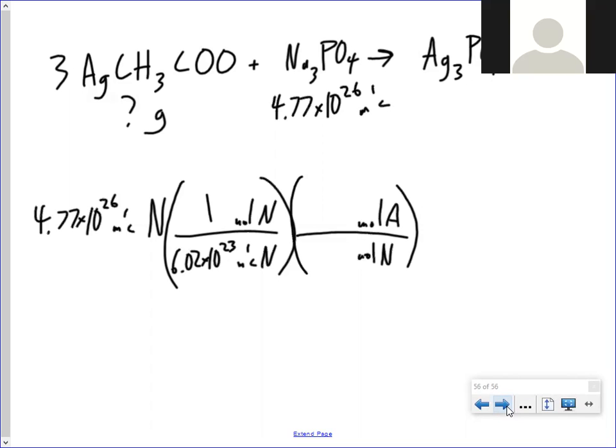How many moles of silver do we have? 3. And how many moles of sodium do we have? What number's right there? 1. And then we finish it up by saying we don't want moles. Where do they go? On the bottom.